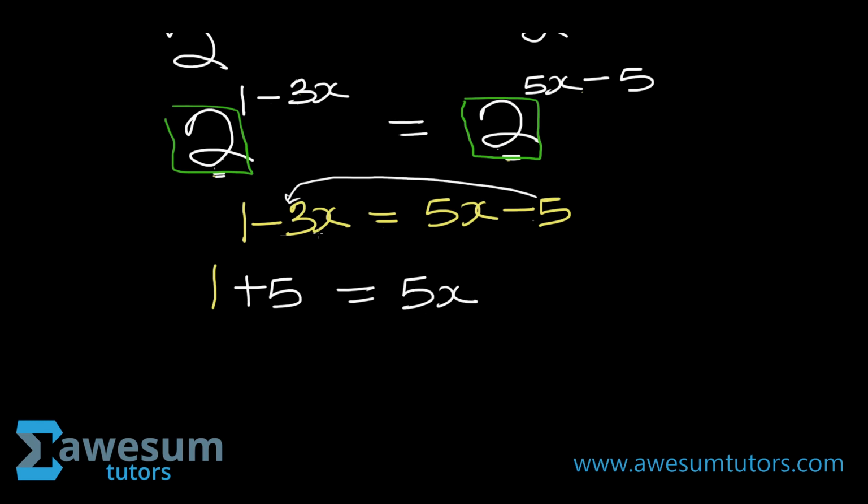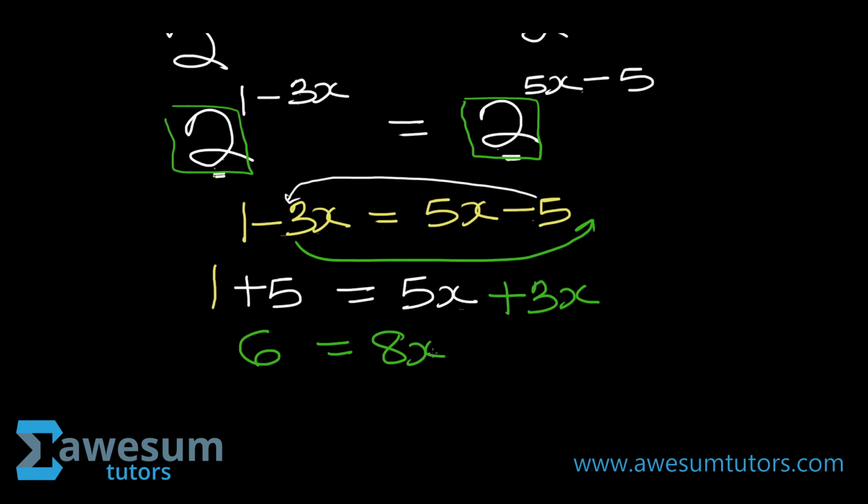This is negative 3x. If negative 3x crosses the sign of equals to come to this side, it is going to become positive 3x. Very good, guys. 1 plus 5 is 6. 5x plus 3x is 8x. Very good, guys. We are almost there.